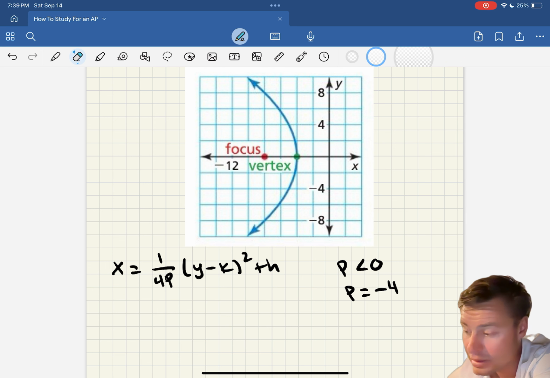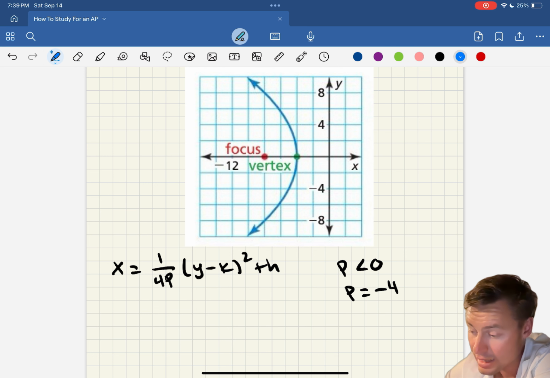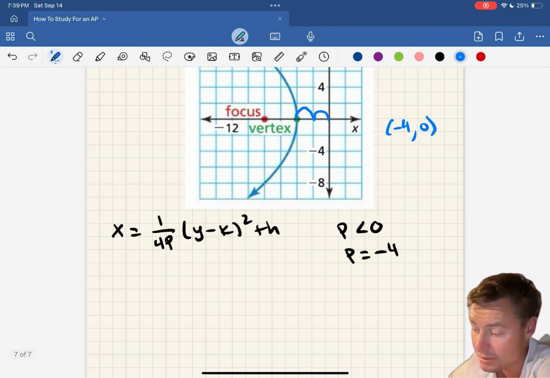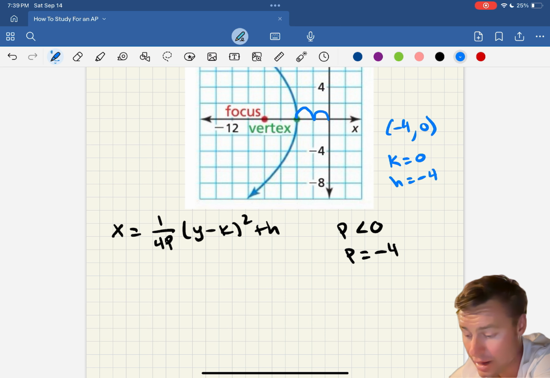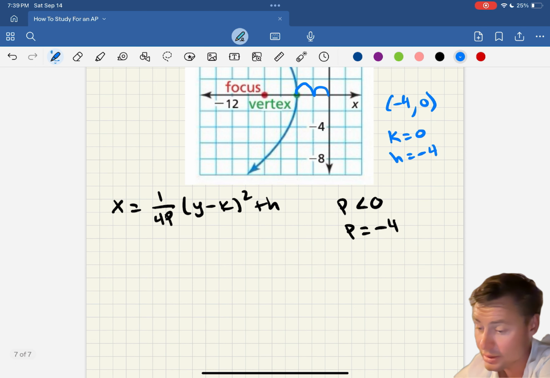Great. Let's figure out what the equation of our vertex is. So our vertex is at -4, 0. Excellent. So what is our k value? Our k is equal to 0, and our h is equal to -4. Great. So we've got everything we need to fill in this equation. Let's do it now.